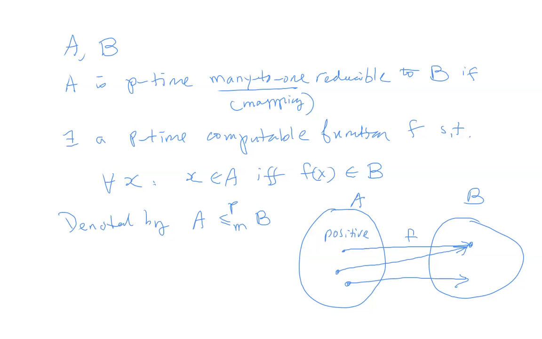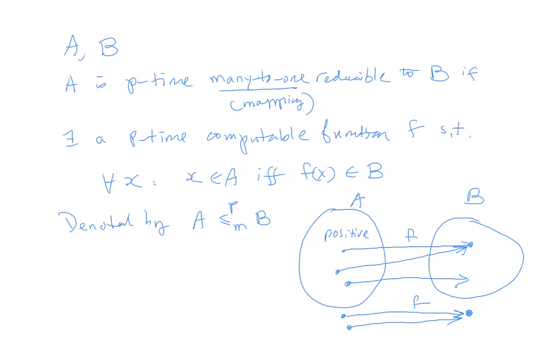And the negative instances will also go to the negative instances. So that's a reduction. Once you have this, we can compare which is easier.